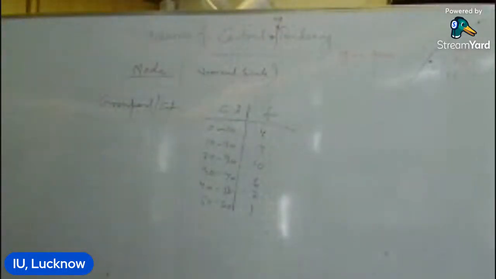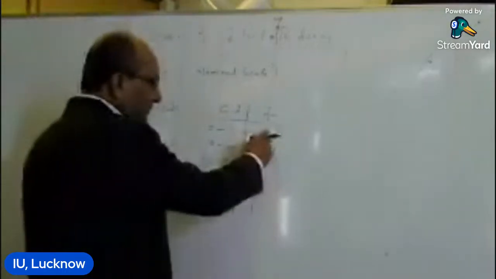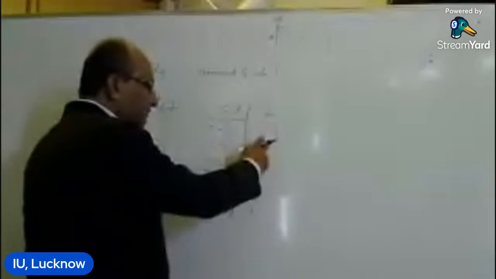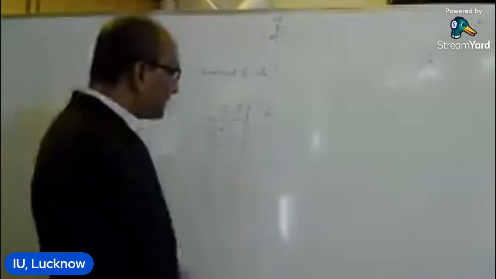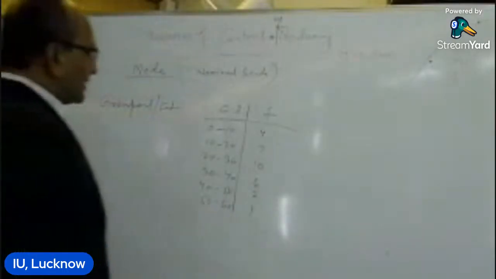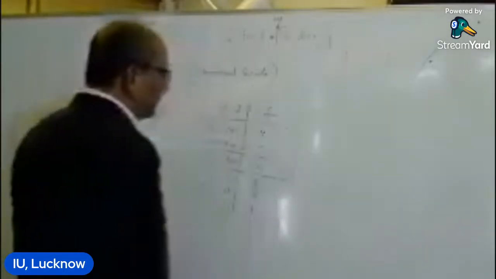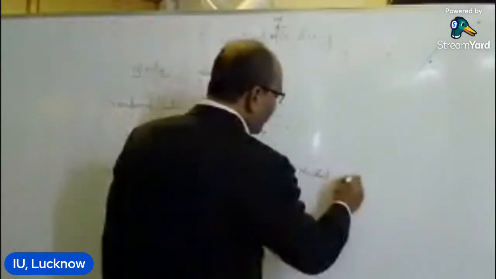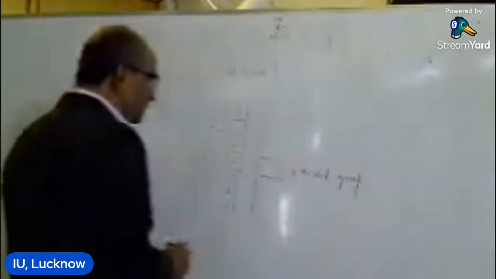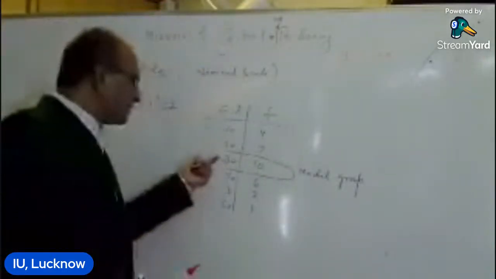The frequency starts from minimum, goes to maximum, and again becomes minimum. Then just see which class interval has the maximum frequency. Obviously this one is the maximum frequency, so this is known as the modal group or modal class. It means the value of mode should lie between 20 and 30.